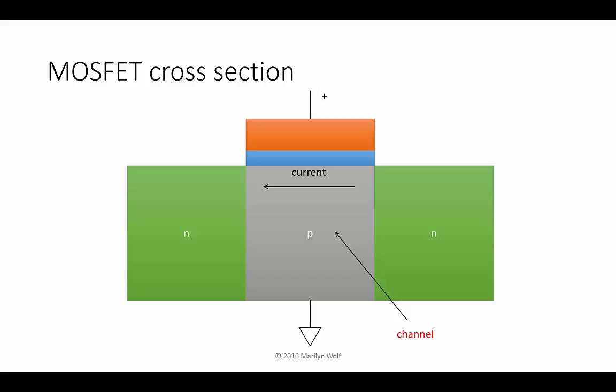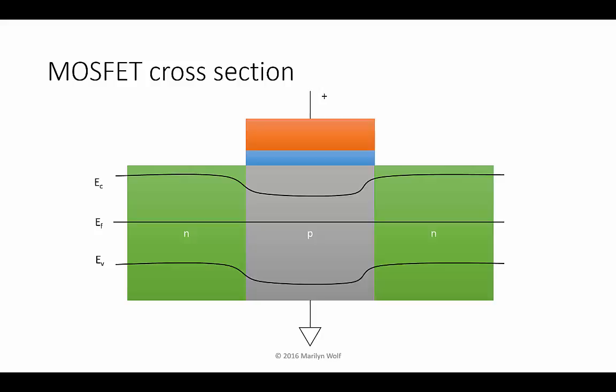The center region holds the channel, it's P-type. We use the gate voltage to control the current between the source and the drain. The Fermi level throughout the bulk silicon is constant, but we use the gate voltage to control the bands in the valence and conduction regions.